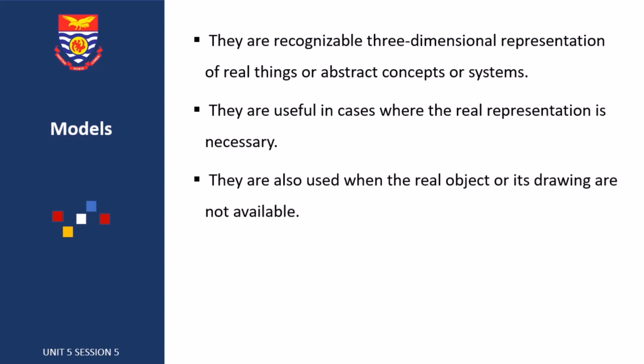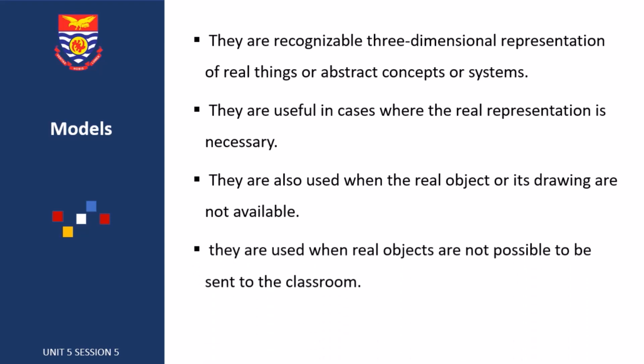They are also used when the real object or its drawing are not available. They are used when real objects are not possible to be sent to the classroom. Sometimes the real object is too big or too small to be sent to the classroom.